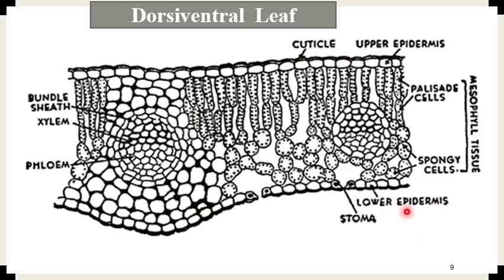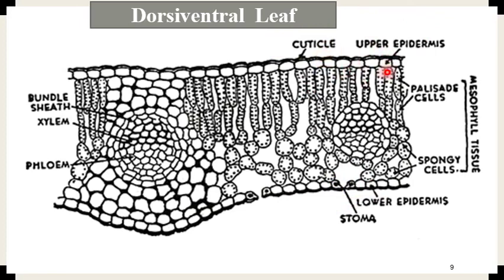The epidermis is usually one-layered with a row of tubular cells, the outer walls of which are properly cuticularized. Stomata are present on the lower epidermis, not on the upper epidermis.